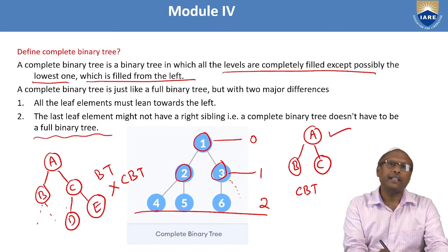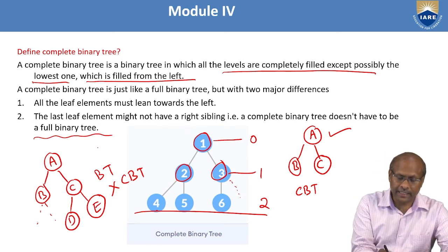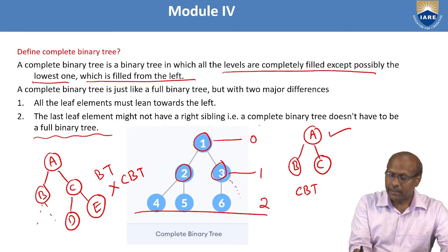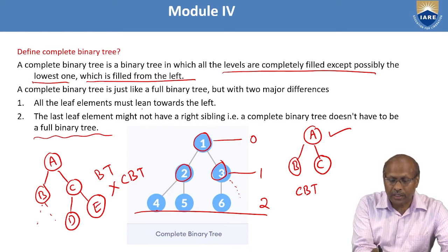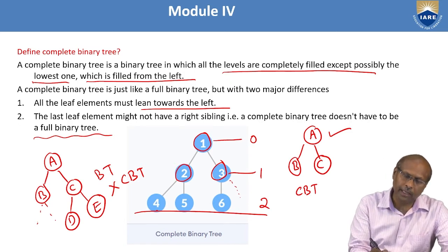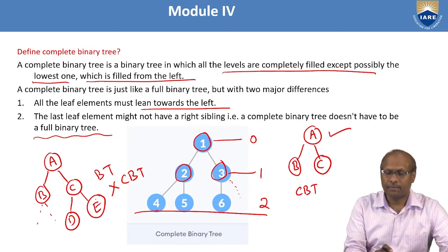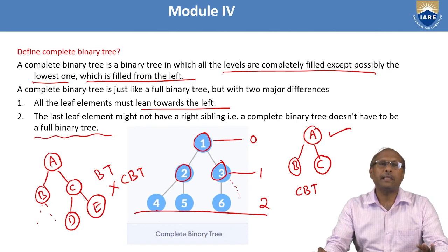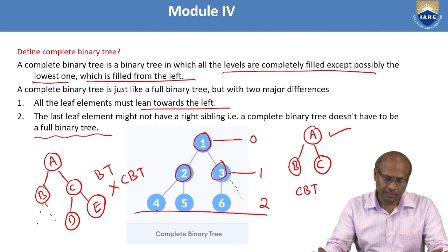So it is not a complete binary tree, because a complete binary tree says that the last leaf element must not have a right sibling, and all leaves must lean towards the left. That means it should come from the left side, but it is coming from the right. So it is not a complete binary tree. It is simply a binary tree. So this type of question they may ask.